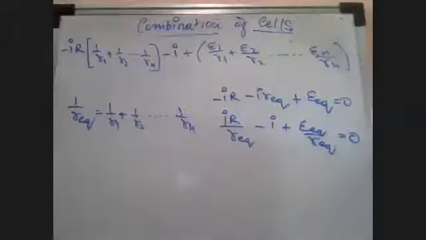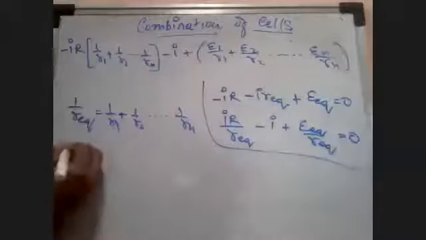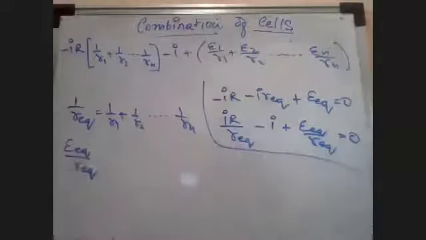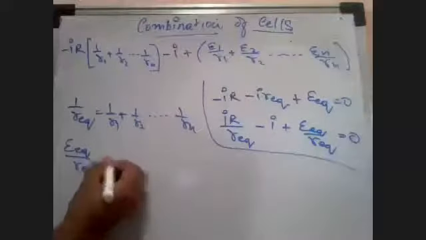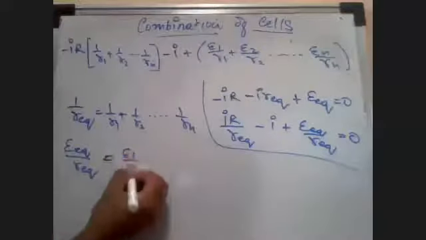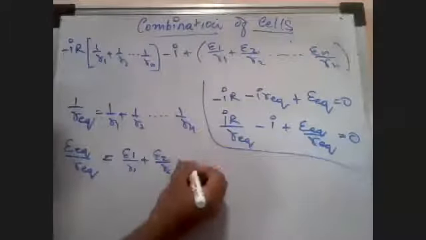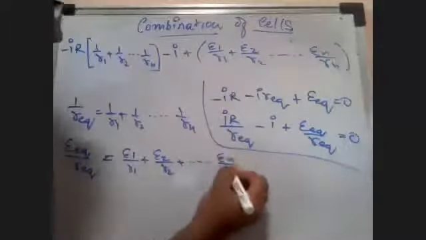And this is of course different. Then epsilon equivalent upon R equivalent, look here, there's a catch here. Epsilon equivalent upon R equivalent equals epsilon 1 upon R1 plus epsilon 2 upon R2 plus, of course, still epsilon n upon Rn.